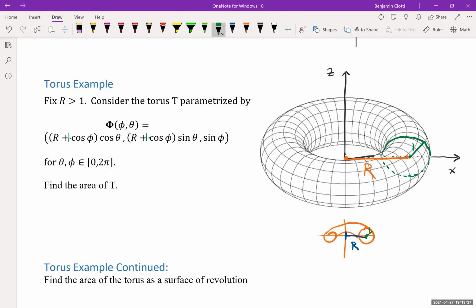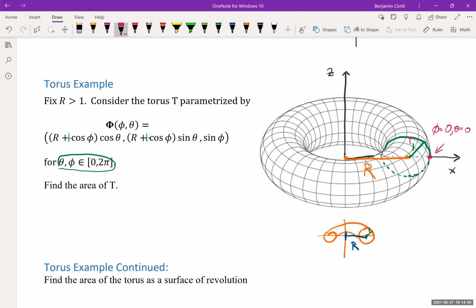So that's the setup. Phi and theta are both allowed to range from 0 to 2 pi. I would recommend maybe just try picking some values of phi and theta and seeing what they correspond to on this torus. In fact, I can even get you started with that. I think right here would be where phi is 0 and also theta is 0.